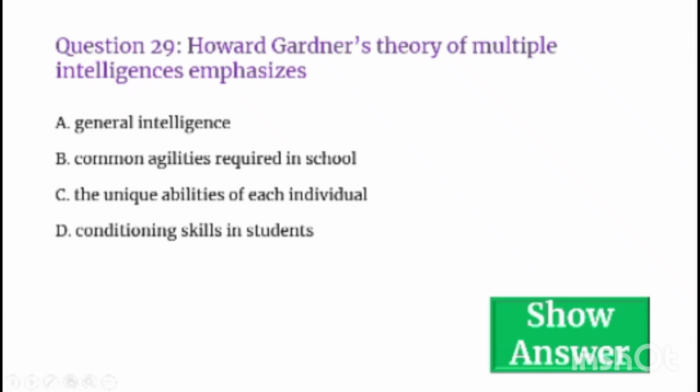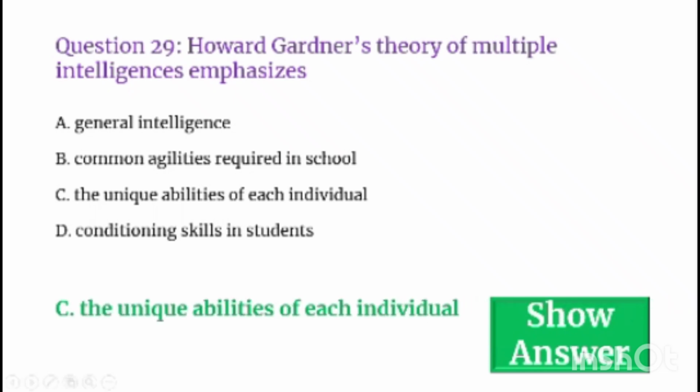We have four options. What would be the answer? That is the unique abilities of each individual. C is the appropriate answer.